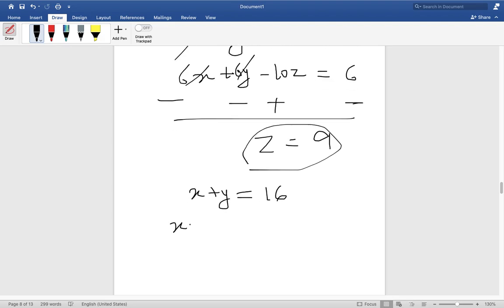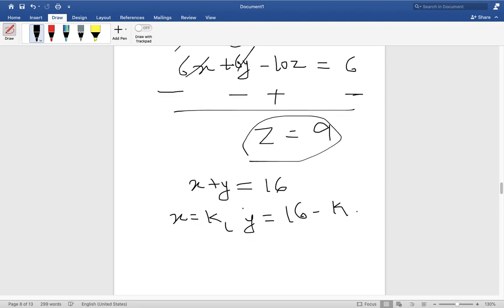So if x equals k, y is what? 16 minus k.